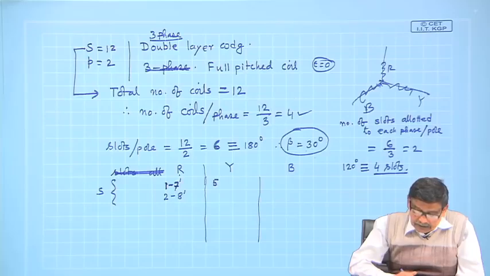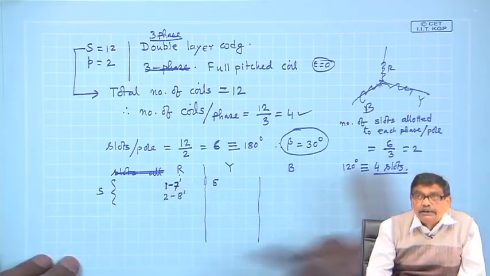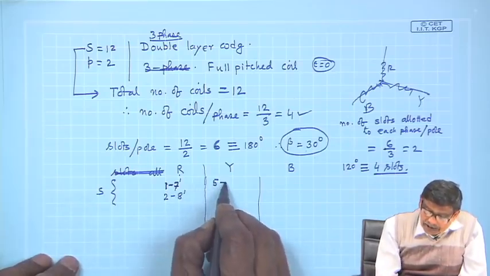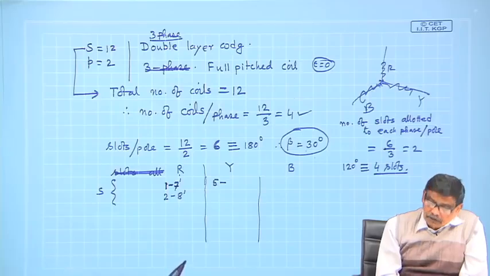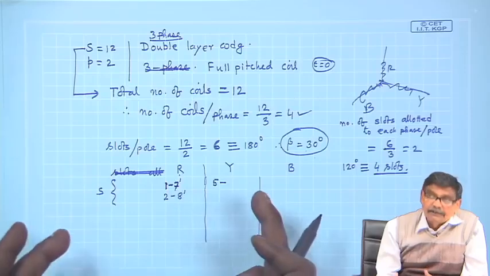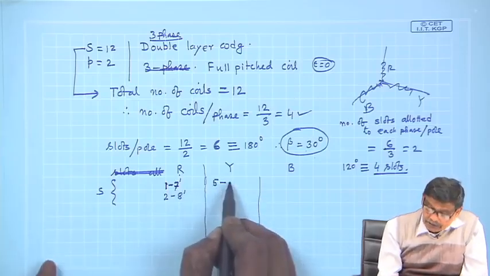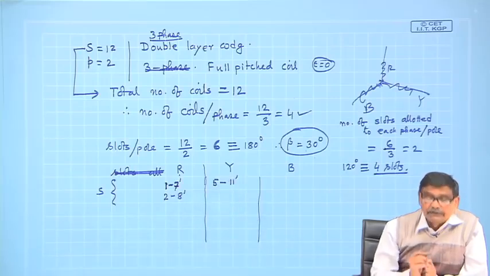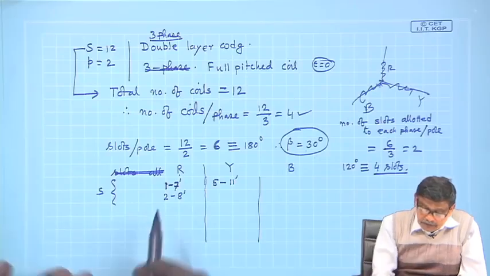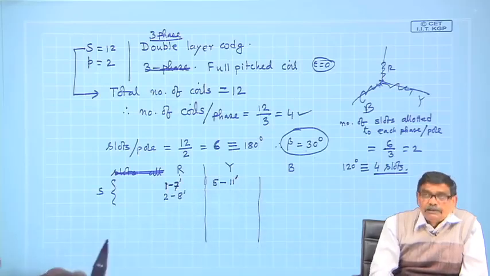Therefore, it will start from 5 to ensure 120 degrees displacement, and its return is coil span, that is 6. So, 5 plus 6, 11, and it is shown in the lower deck with a dash. So, it must be shown as 11 dashed.